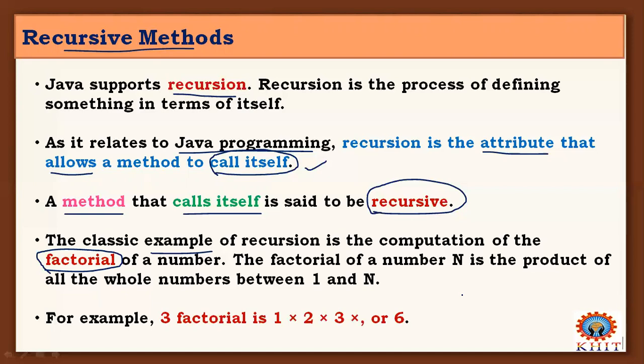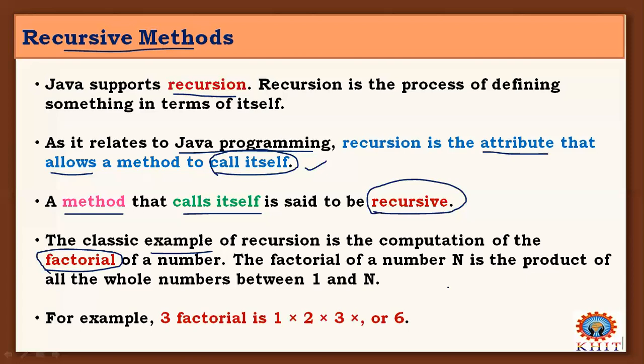Coming to the recursive approach, we design one method, fact, and every time during the process of finding the factorial, it calls the method itself. We call that a classic example for recursion, factorial of a given number.